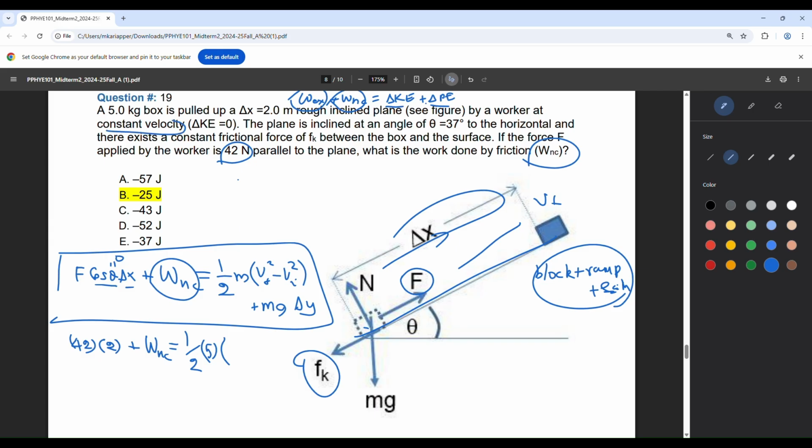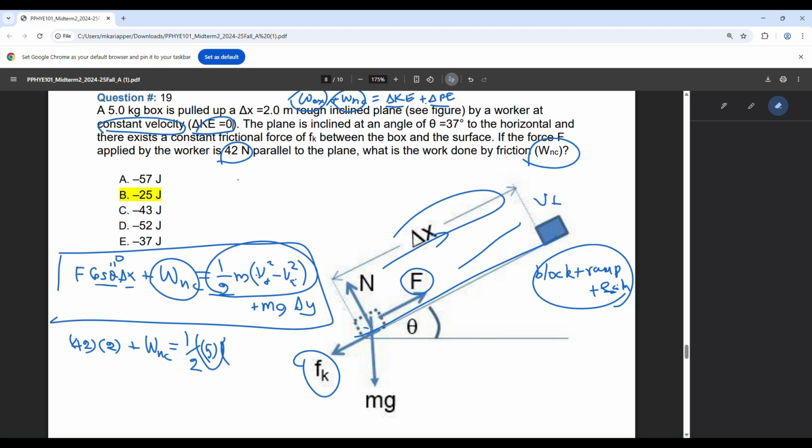It says constant velocity, and therefore this is the same as this. V final is equal to V initial. So what will it make it? Delta K will be equal to 0. This whole thing is equal to this. That means this part will be 0.